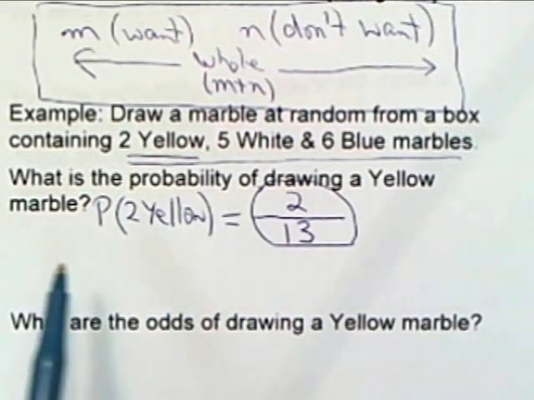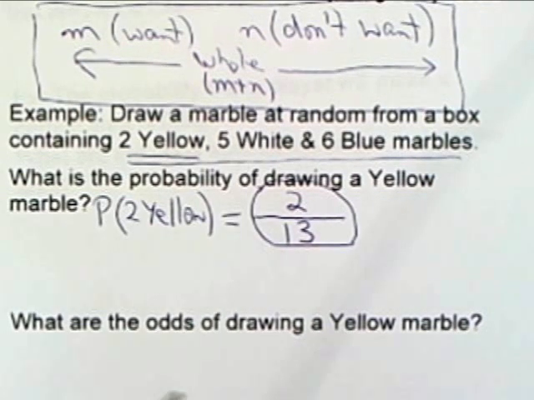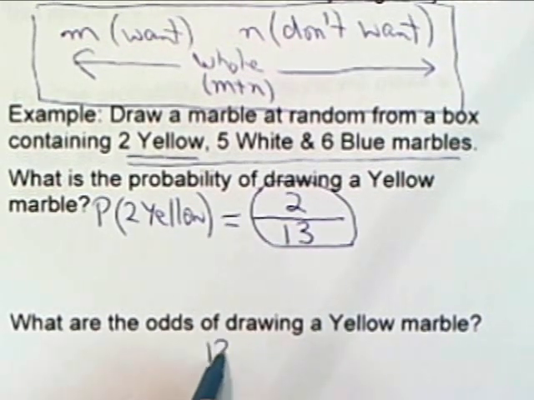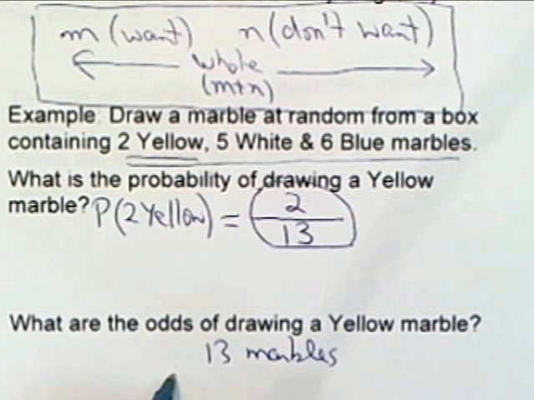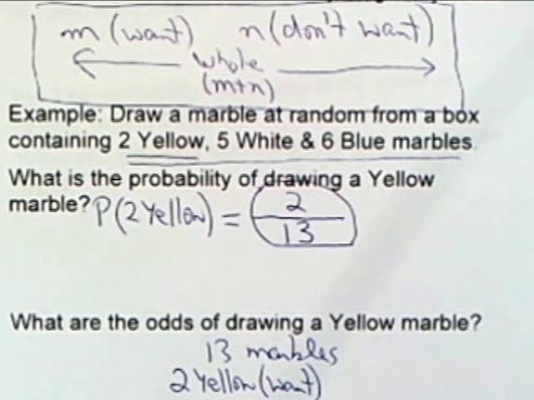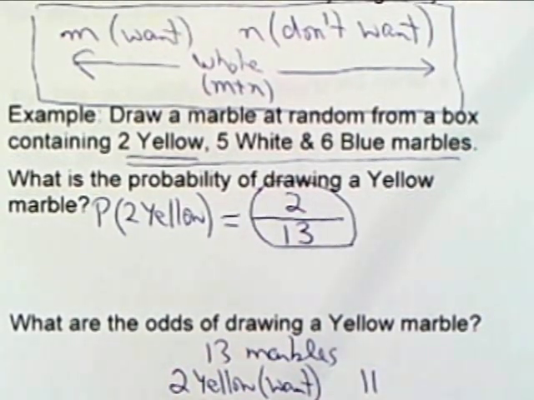Well, so in this case we have 13 things, so the whole is 13. So you have 13 marbles, and if you break them into what you want and what you don't want, if you're looking for a yellow, then the rest of the things would amount to 11.